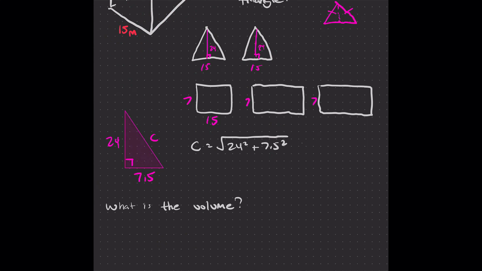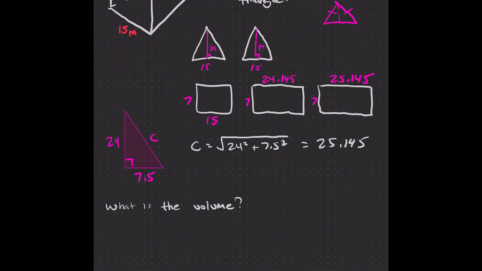You can punch this directly into your calculator, and when you do so, you're going to end up with 25.145. So that means this side right here is 24.145, and this is 25.145.